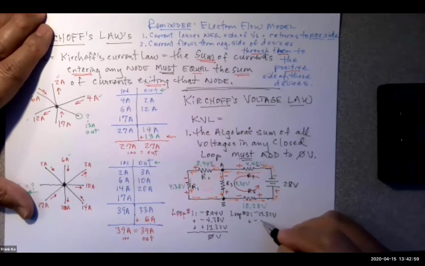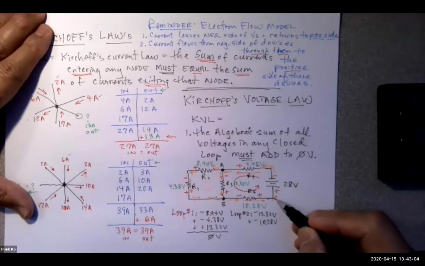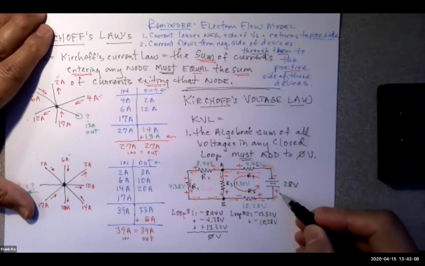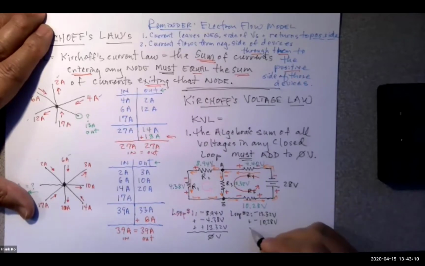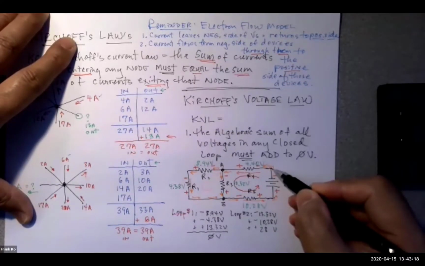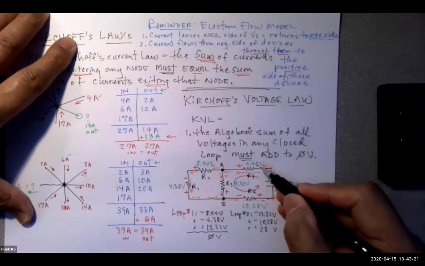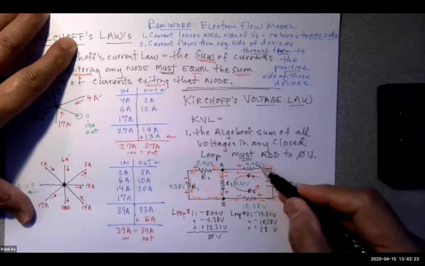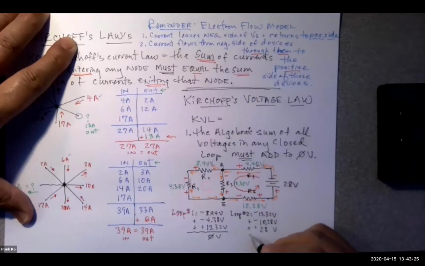So add that to a negative 10.28 volts. Now I'm at this corner. What do I see? I see a positive 28 volts. So I'm going to add a positive 28 volts. And now I'm at this corner, where I encounter a negative 4.40 volts. So I'm going to add that to a negative 4.40 volts.